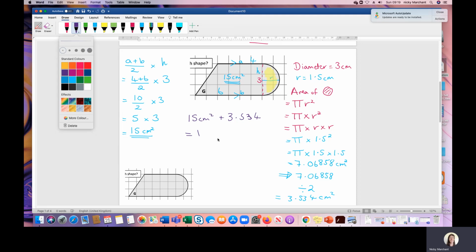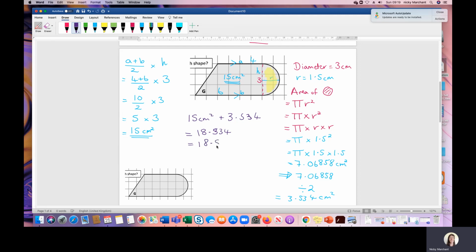So 18.534 rounded to 1 decimal place will be 18.5 centimeters squared. Okay, so final answer there.